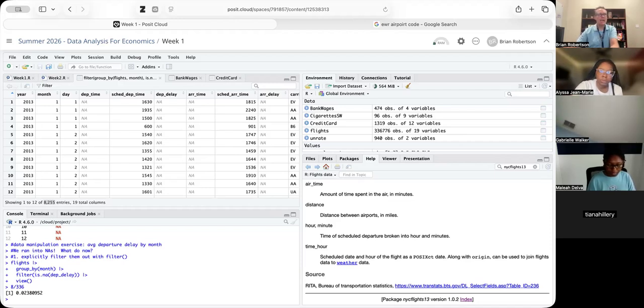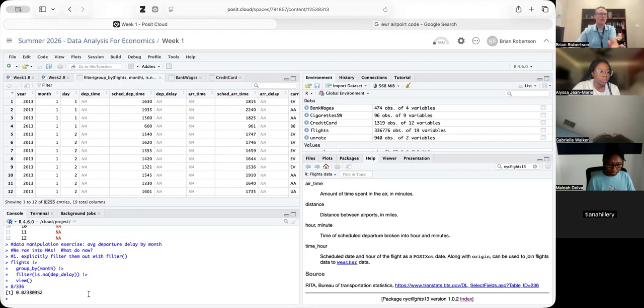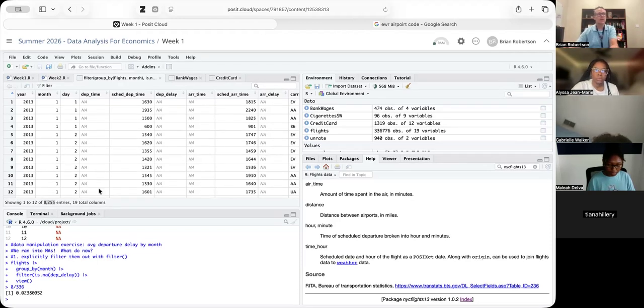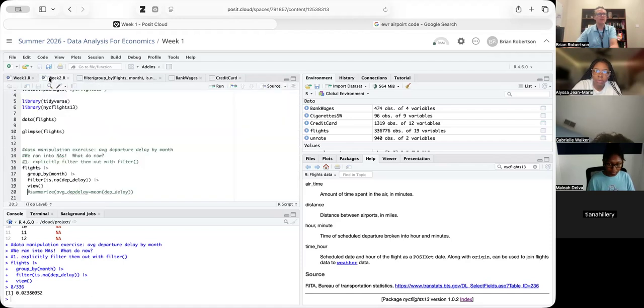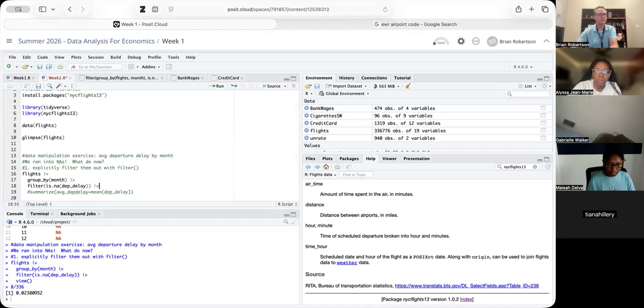We trimmed 8,000 of those due to canceled flights, giving us a total of 328,000 observations in total. So it's something that you want to keep track of. This is a part of your data, and as a data analyst, it's expected that you're going to know all the ins and outs of what's going on in your data.